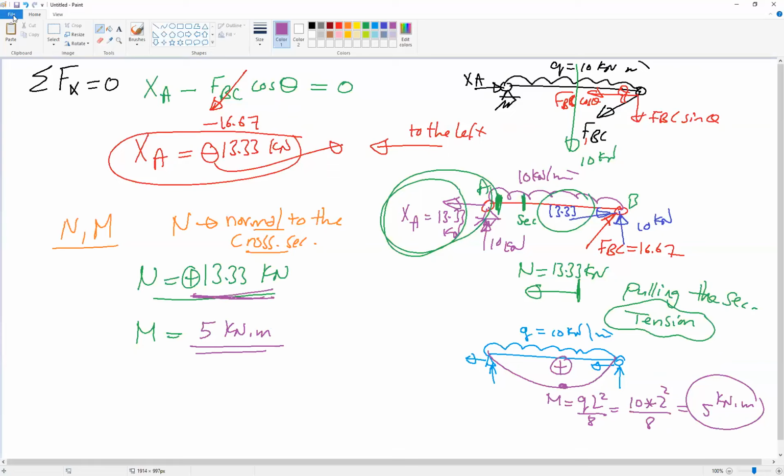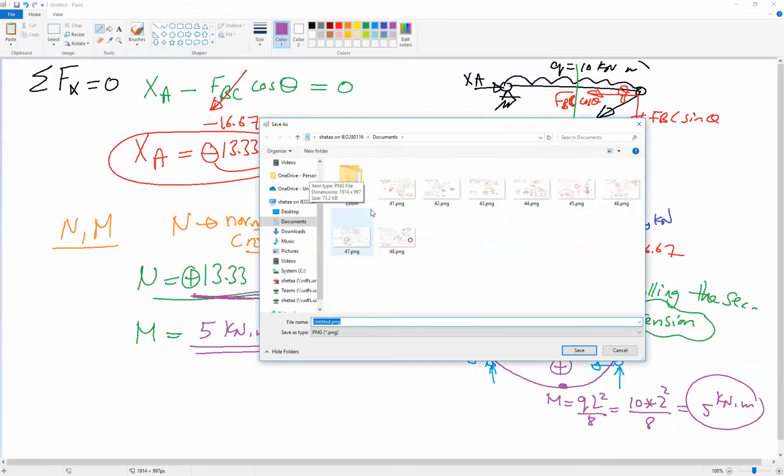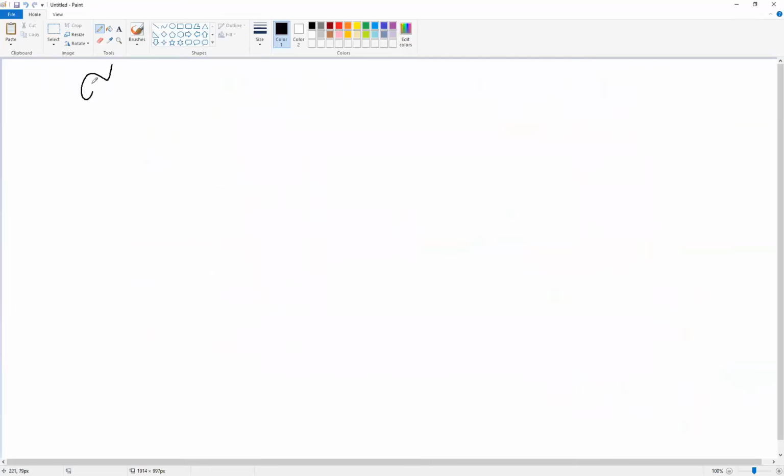The next step, after we know the straining actions, is the combined stress equation. So we know sigma equals sigma N plus sigma M, equal to positive N by A plus or minus Mx over Ix multiplied by y.